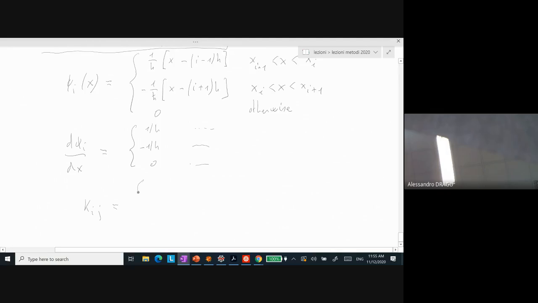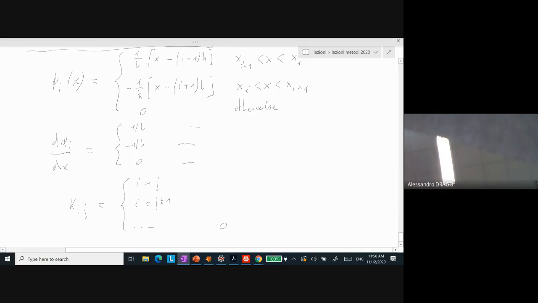So we can compute essentially two cases: the case in which i is equal to j, the case in which i is equal to j plus or minus 1, and the other cases, in which we know already that it is 0. Let's start from the diagonal case.